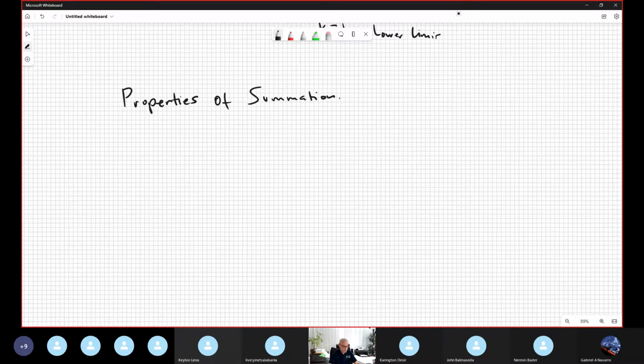The first property, property 1. Suppose you have the summation from k equal 1 to m of a constant c multiplied by a sub k. It's like you multiply by one specific number, c a constant, every term inside the summation.